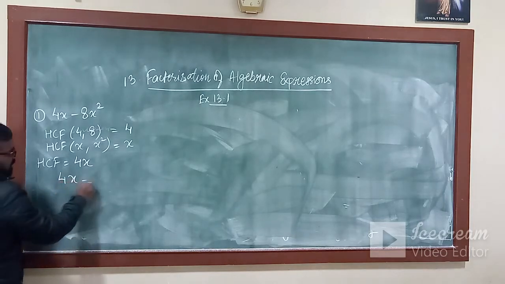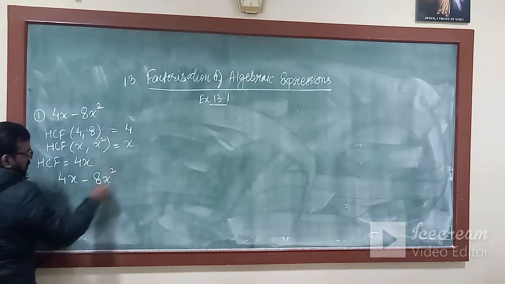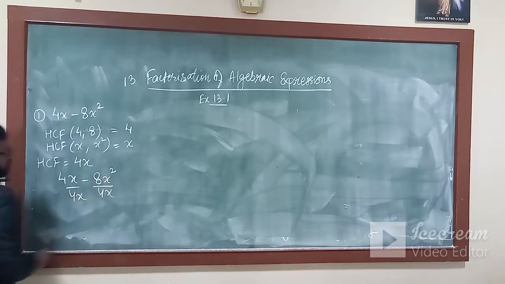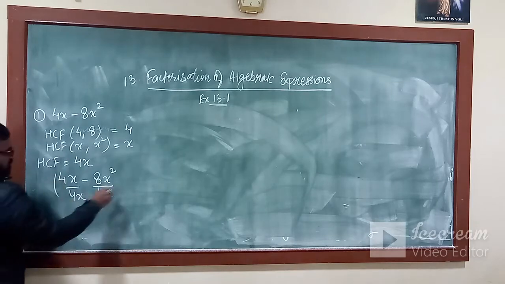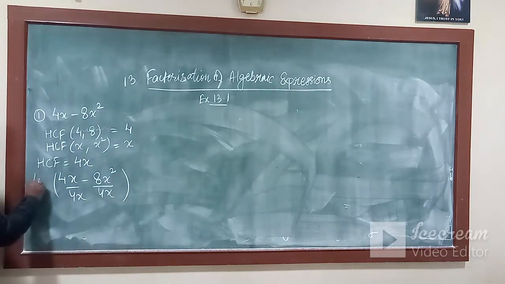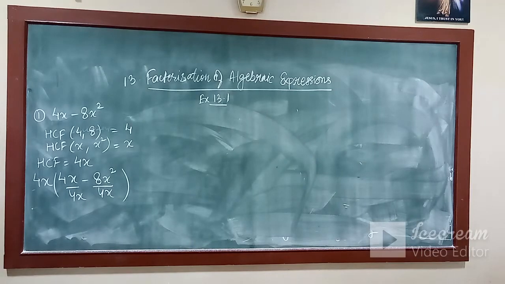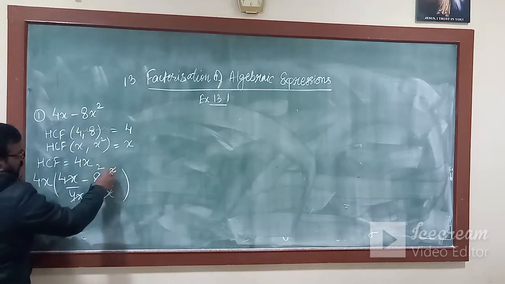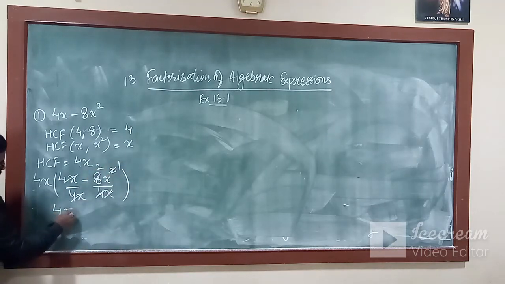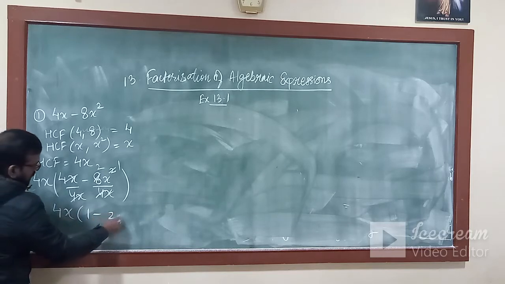Now we will divide each and every term by 4x. We write 4x outside, and these are your steps. The 4x and 4x cancel, then 4 into 2 and 1 power of x is cancelled. So what will be your answer? 4x into 1 minus 2x.